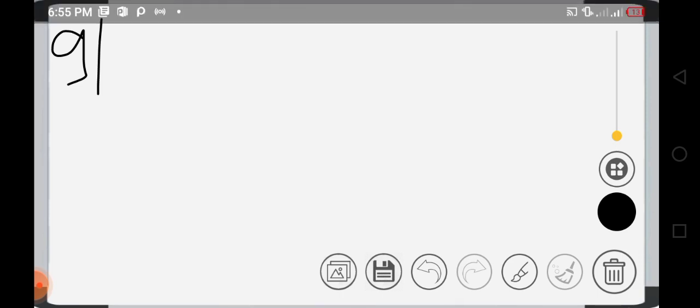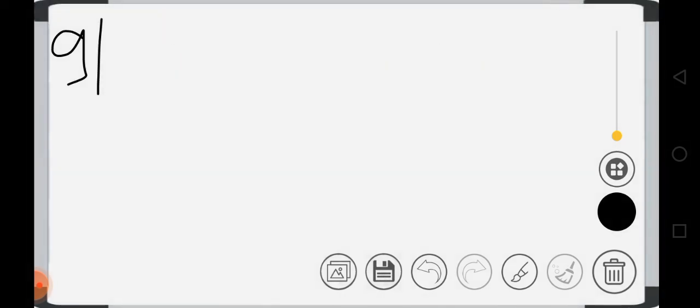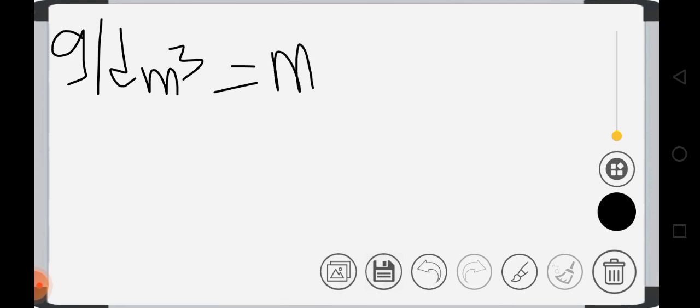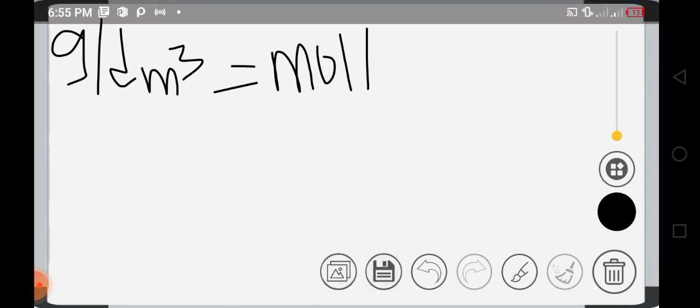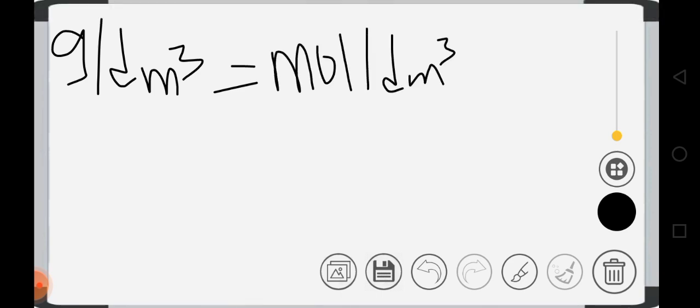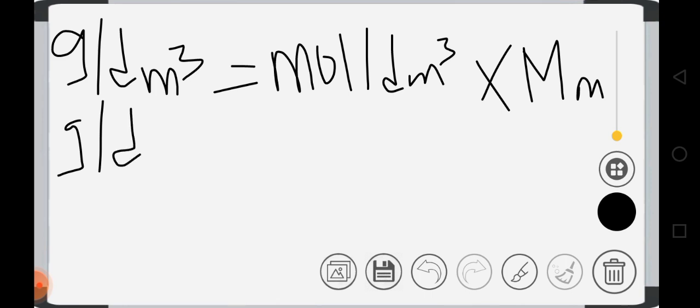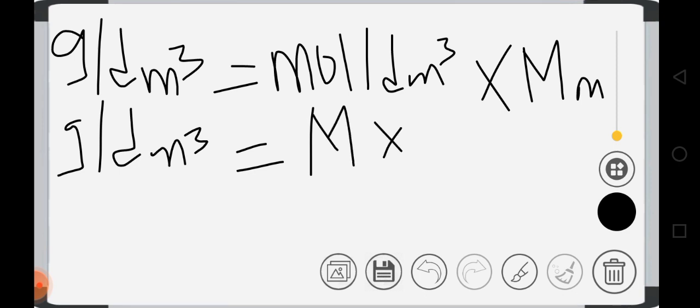Please don't forget this: grams per dm cube. I repeat again, grams per dm cube is equal to mole per dm cube times molar mass. Grams per dm cube is also the same thing as molarity times molar mass.